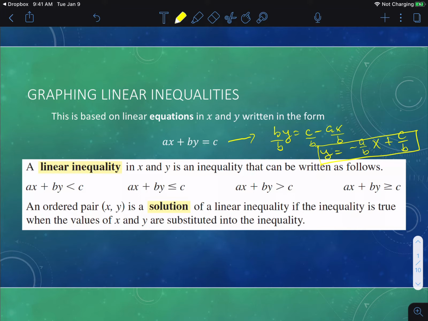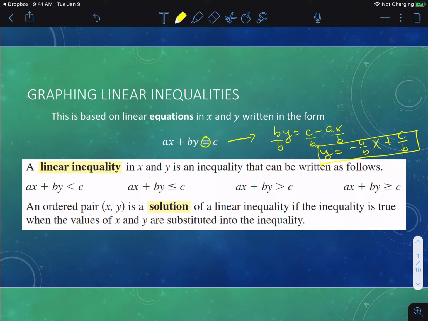We just talked about a linear equation because we had an equal sign here. Now we're talking about linear inequality. Standard form of a linear equation is that, but now with linear inequalities, we're replacing the equal sign.